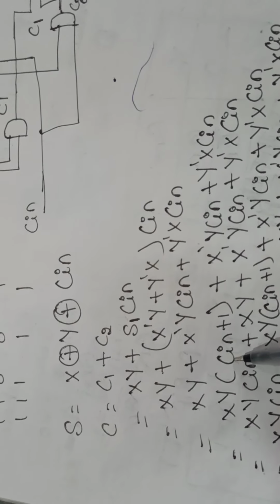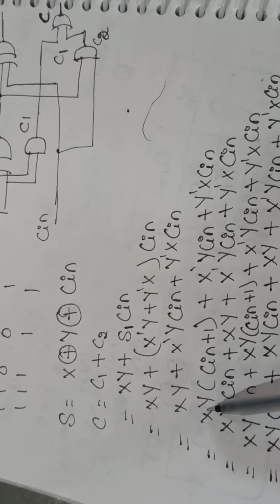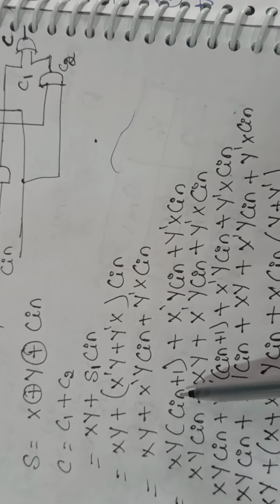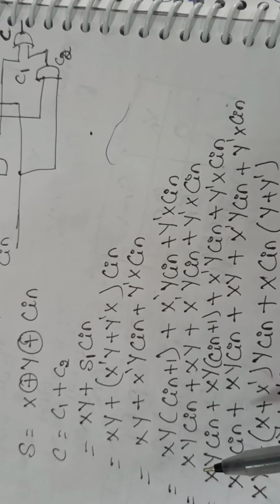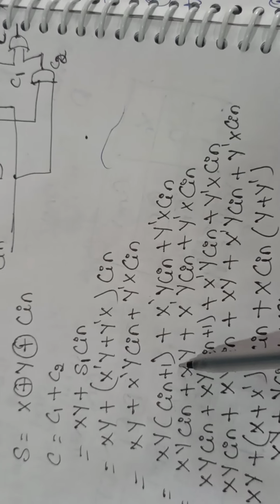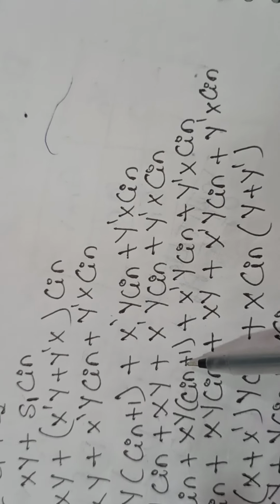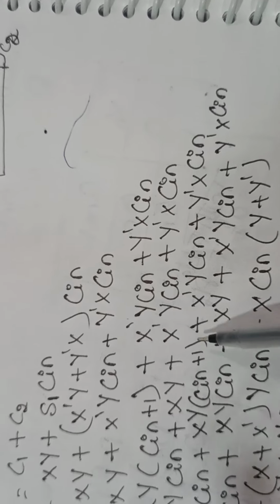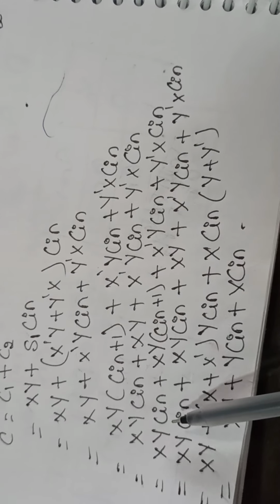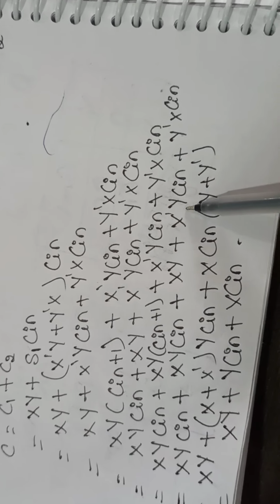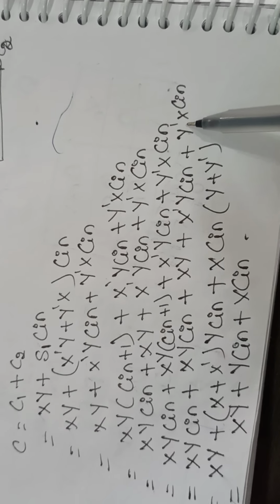So it doesn't matter at all if we multiply this term to xy. So I multiply xy with c in and keep xy as it is, by the Boolean law. Again we have xy c in plus xy, x dash y c in, y dash x c in.